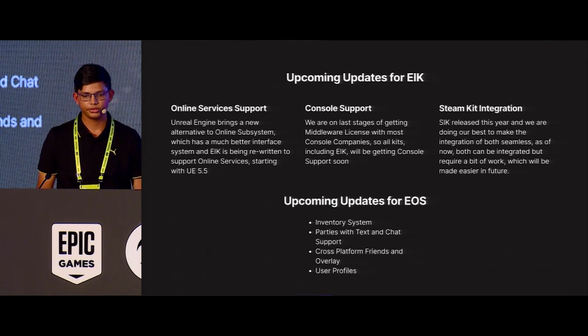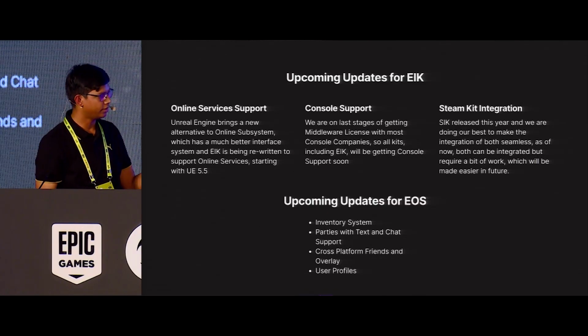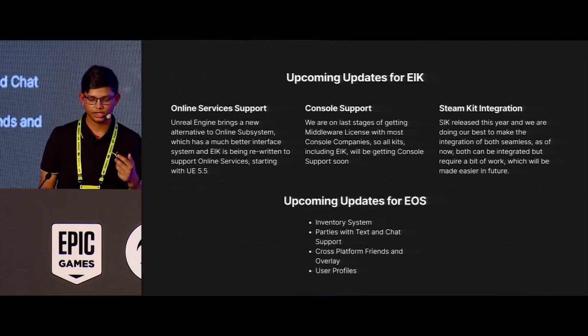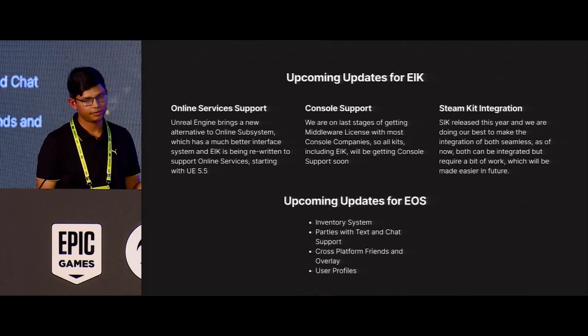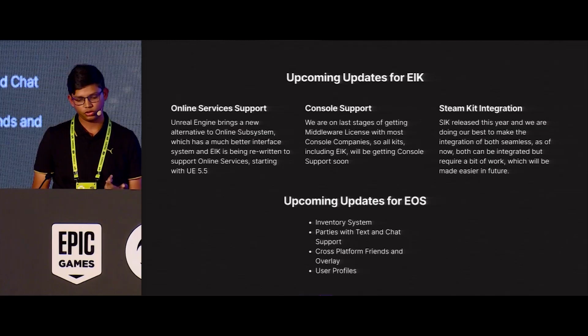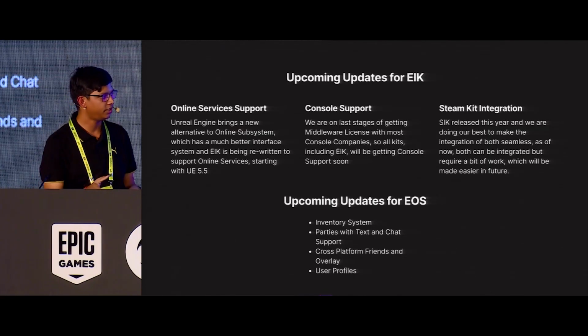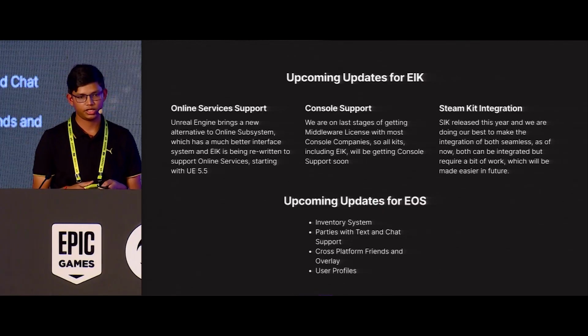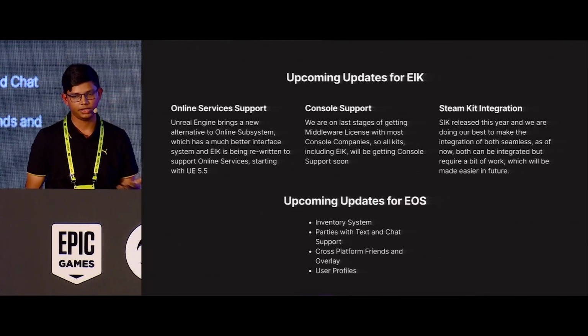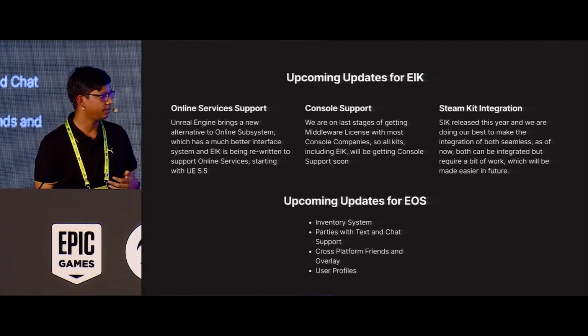So for EOS also, a lot of features were announced this Unreal Fest, some of which were inventory system. As of now, Steam has an inventory system, but Epic does not. And even the store would become more than, it won't be confined to Epic Games Store. You can use the store functions even on the Steam and different platforms in upcoming updates.